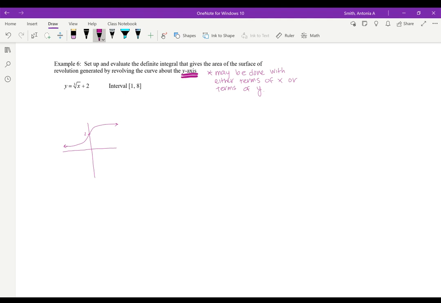Okay, and we are revolving it from the interval 1 to 8. So we're really just taking this piece right here and revolving this about the y-axis.